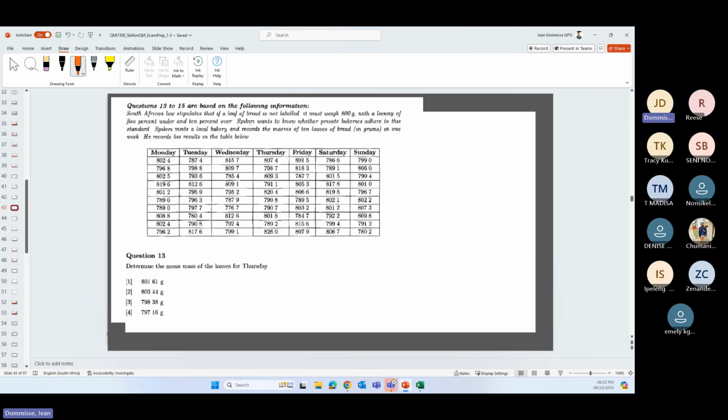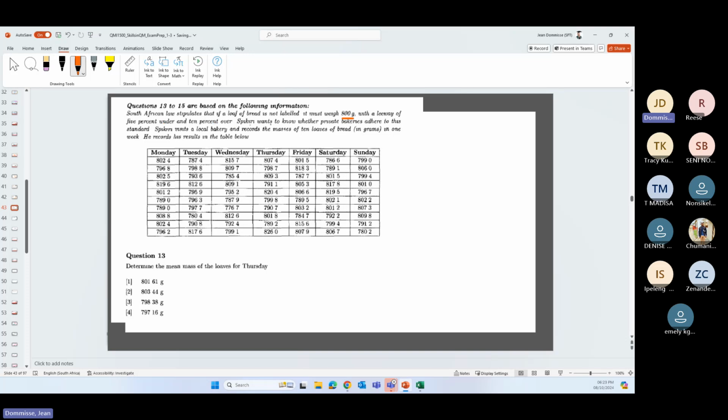Okay, then this was in one of the previous papers, when it was still paper-based, and this was really a terrible question. So they said South African law stipulates that if a loaf of bread is not labeled, it must weigh 800 grams, with a leeway of 5% under and 10% over.